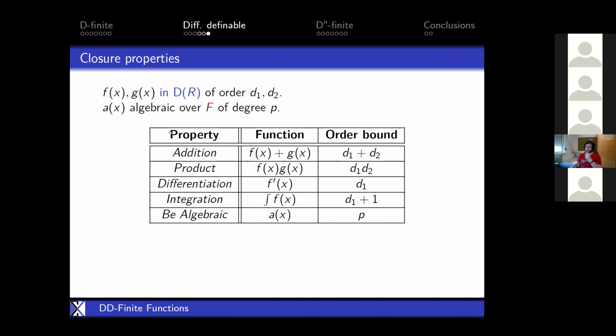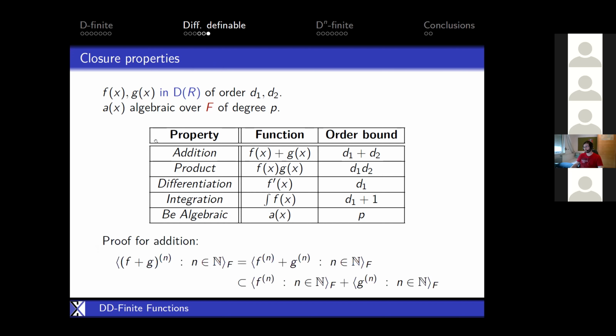Just to give a glance of how this proof goes, they are always the same. In the case of the addition, the vector space generated by this sum and all the derivatives is, applying the property of the derivation of a sum, inside the sum of these two vector spaces: the one generated by f and its derivatives and the one generated by g and its derivatives.